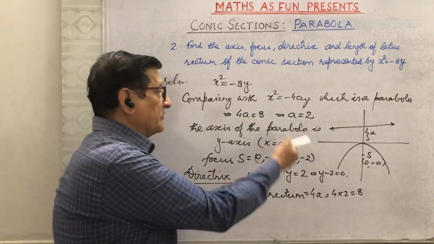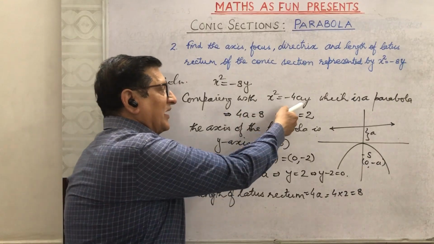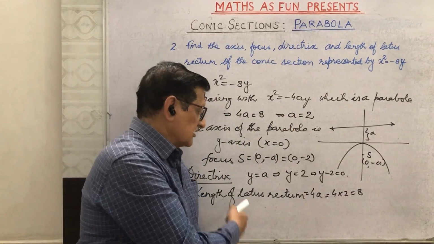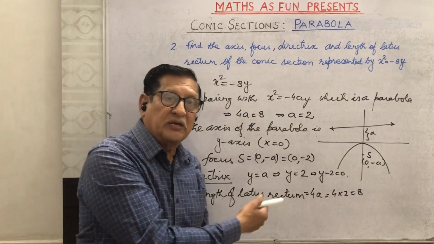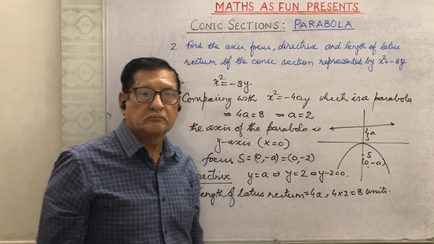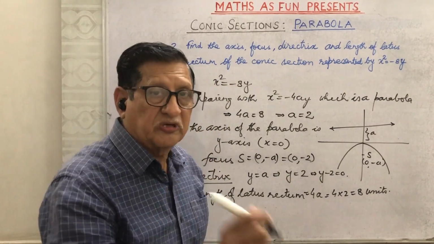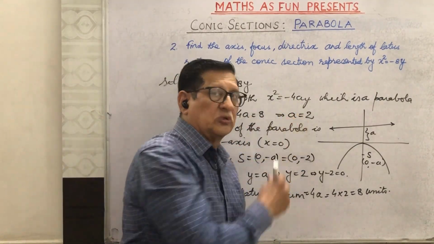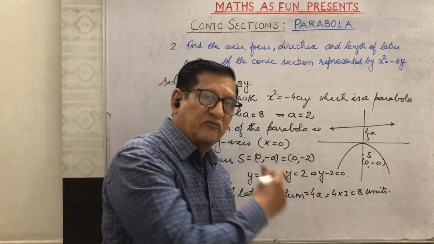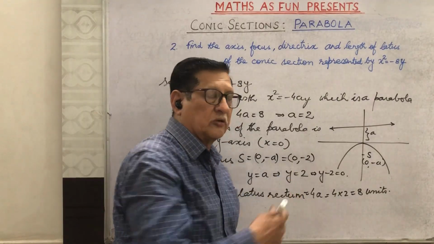Or we can say the coefficient of y in such case, that is 4a, that is also 8. So we can say the length of latus rectum is 8 units. It means the equation of conic section which is given to us, we can compare with the standard equation of any of the conic section, and then we can find out its elements or the parts.